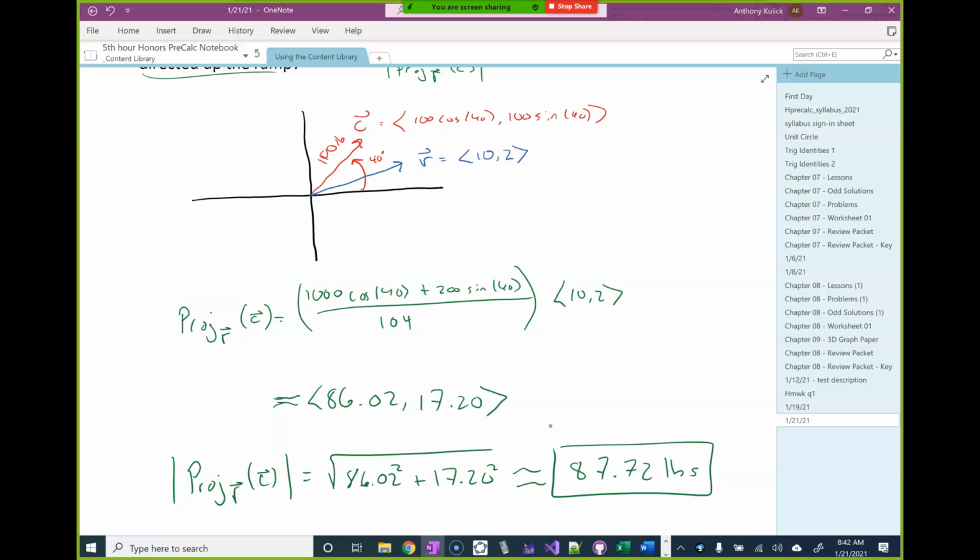Once you get the vectors, though, the vector projection calculation is not terribly difficult. Really, you're just plugging things into a formula, and then it's usually fairly rote from there. The tricky part is usually the beginning step where you make sure you have the problem set up correctly from the words. You know what I mean?